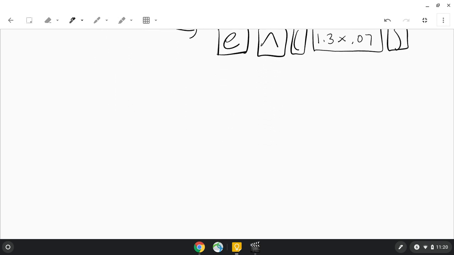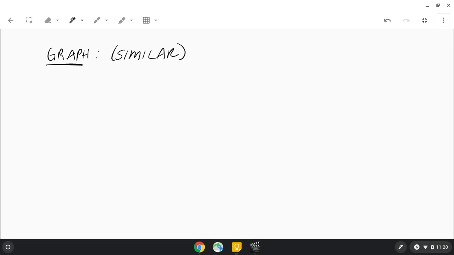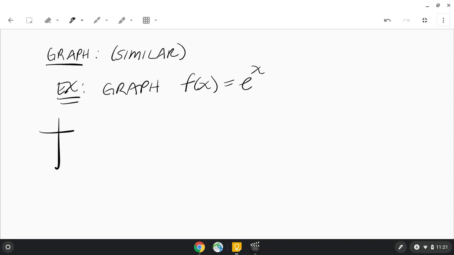Graphing is very similar to 4.1. For example, if we are going to graph f of x equals e to the x, if you want to make a table, you can.